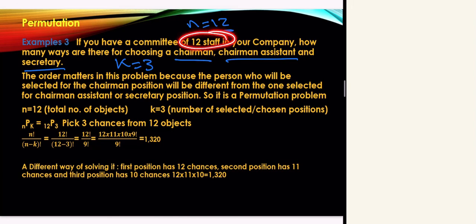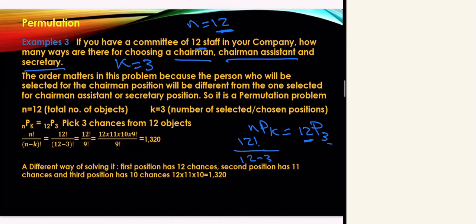So n here equals 12, and here we count. He did not give the number 3, but he mentioned the titles, the positions of these people: chairman, chairman assistant, and secretary. So this problem will be written as nPk equals 12 picking 3 out of them, which will be 12 factorial divided by 12 minus 3, all together factorial. 12 minus 3 equals 9.